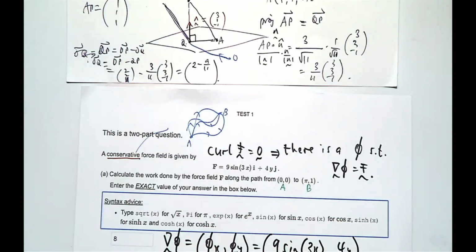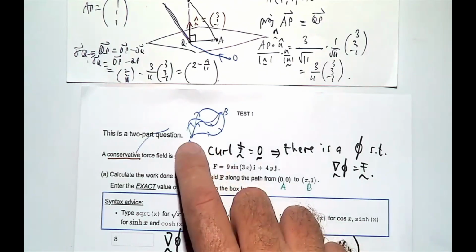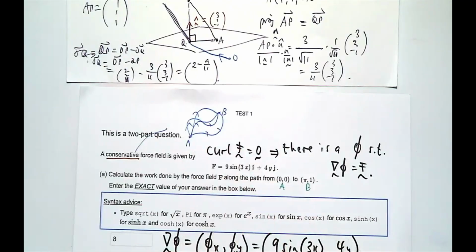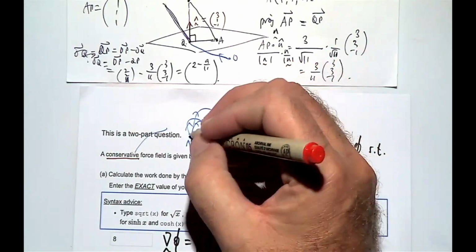So the curve or the thing that you're moving about is not going to change your answer, right? So it doesn't matter which way you go from A to B, it's still going to give you the same answer. Okay, so you could even go, I don't know, you could even go like this.